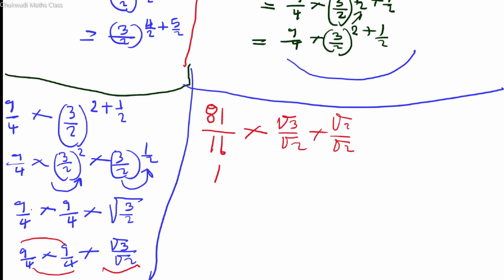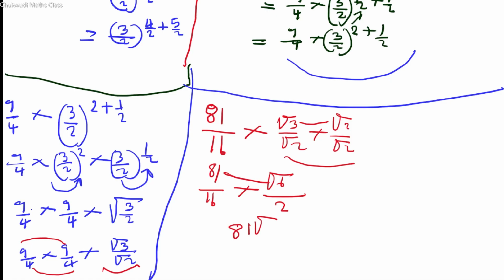When we do that, we get 81 over 16, multiplied by root 3 times root 2 is root 6, and root 2 times root 2 is 2. Then we multiply the numerators: 81 times root 6 is 81 root 6, and 16 times 2 is 32. So the final answer to this question is 81 root 6 over 32.